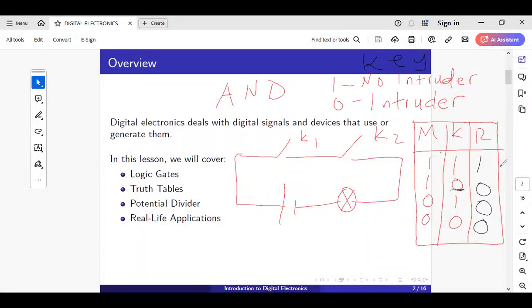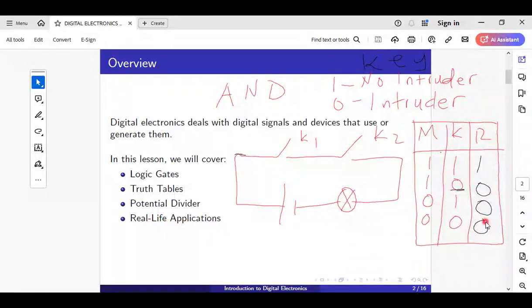Now, this result can also be obtained when we use a series arrangement circuit: for as long as one switch is open, no current will flow. Current can only flow if both switches are closed. The same result can be obtained by simply multiplying: 1 times 1, 1; 1 times 0, 0; 0 times 1, 0; 0 times 0, 0.